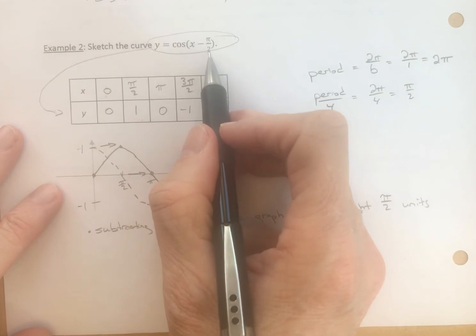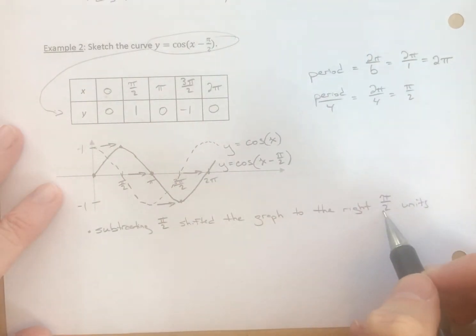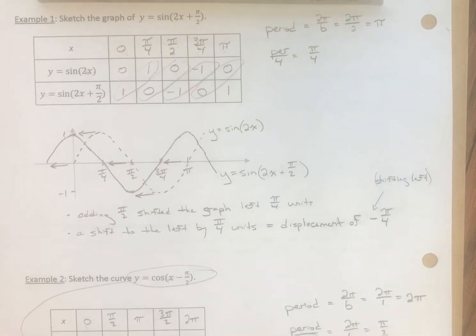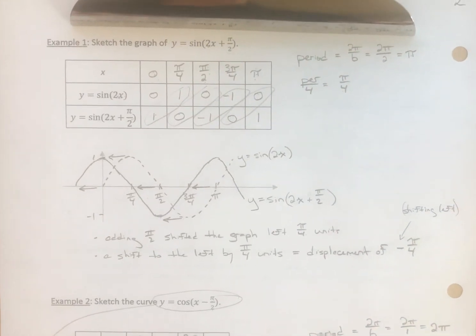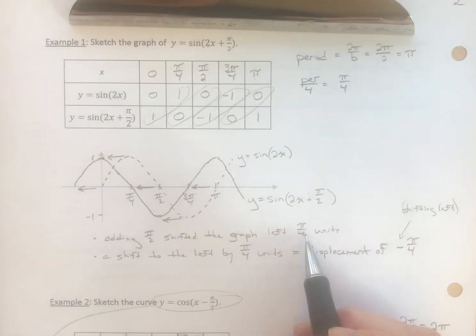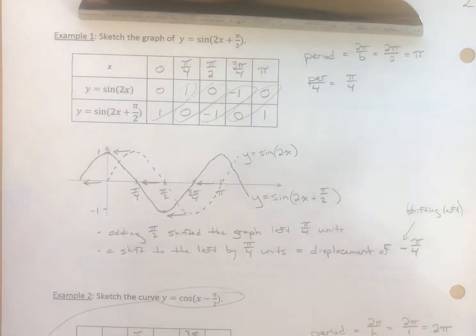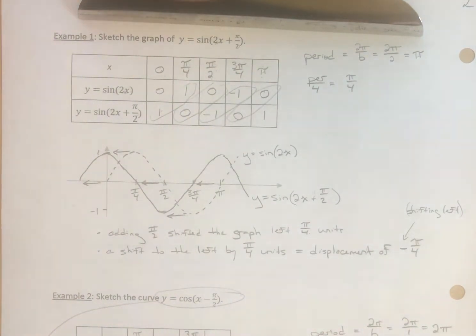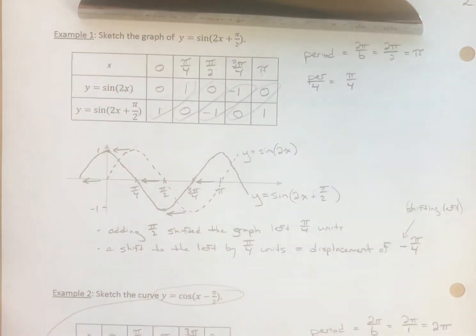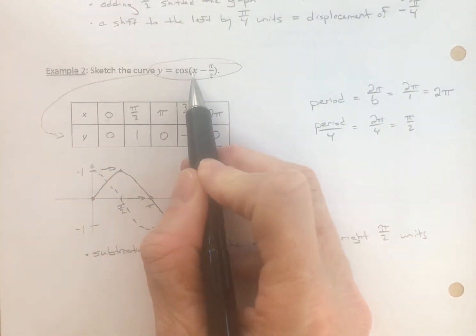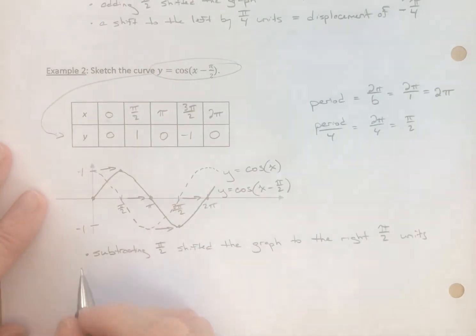I have a pi over 2 here, and I got pi over 2 units here, but when I had come down to here and show you, when I had a pi over 2 here, I got pi over 4 here for some reason. And you can guess that the b plays a role in that shift because the b here is 2, and down here, the b here is 1. We'll see that in just a moment.